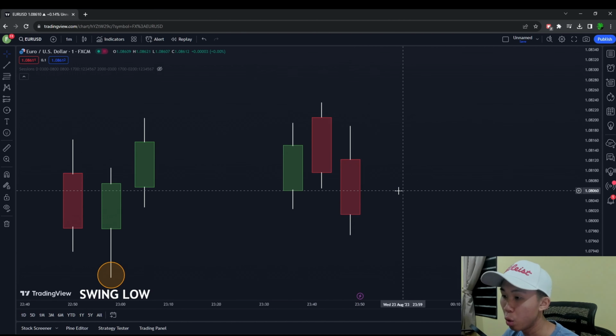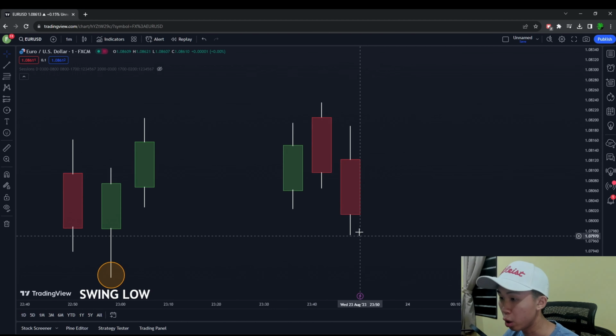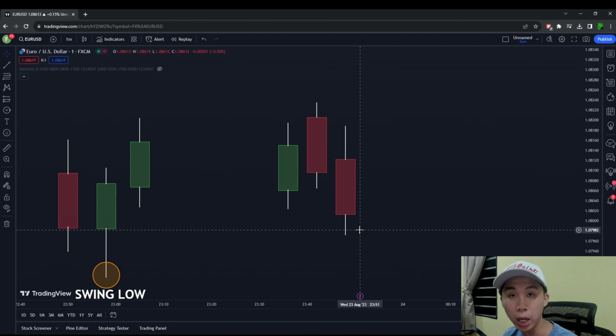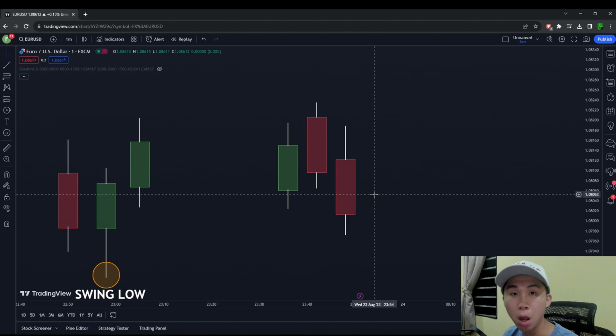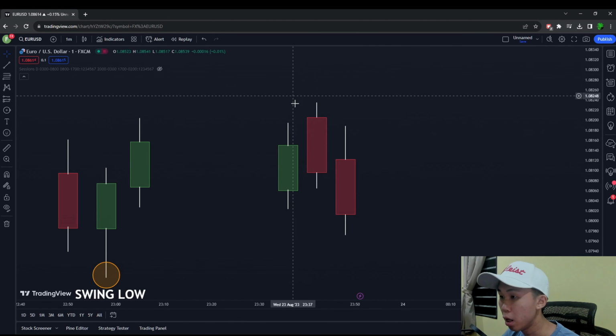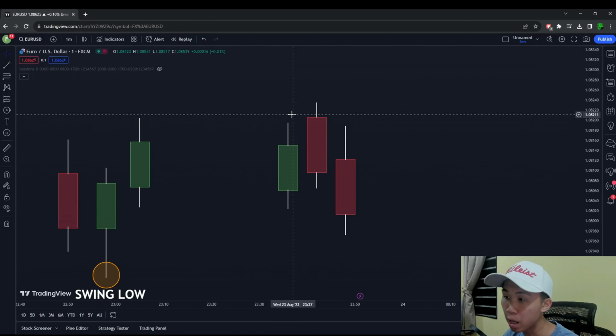In this case, we can see there is no swing low here, because if I pick this low, it is not made up of 3 candlesticks with a middle candlestick. If you want to determine this as a swing low, you will need to observe one more candlestick. The highest point here is made up of these 3 candlesticks, but this is not used because in this structure, this candlestick's high is not the highest.